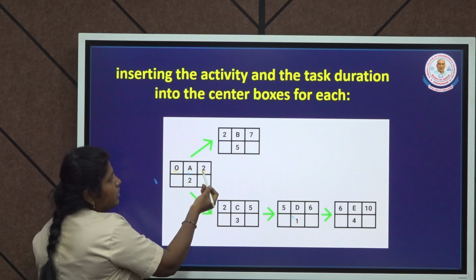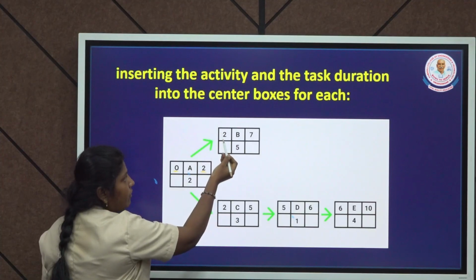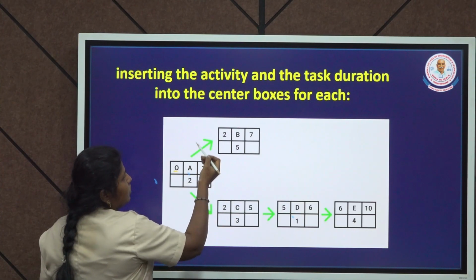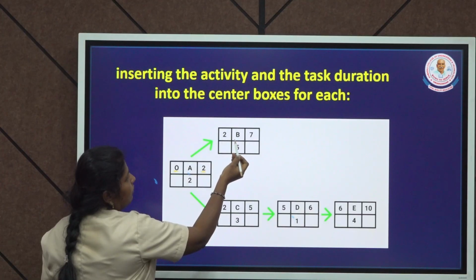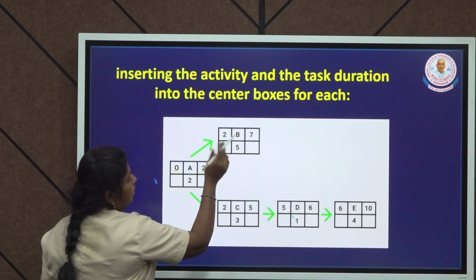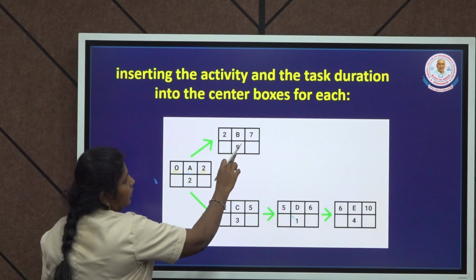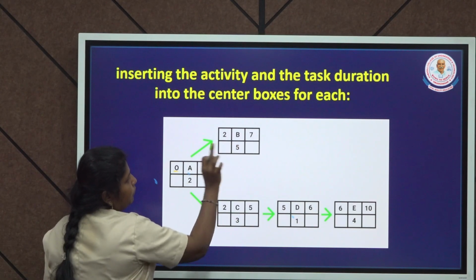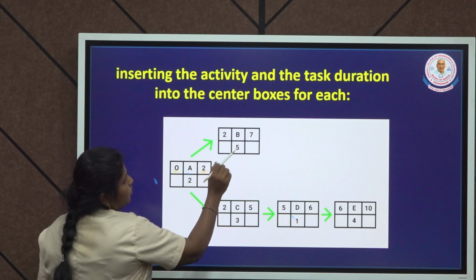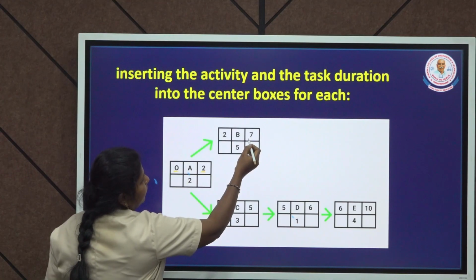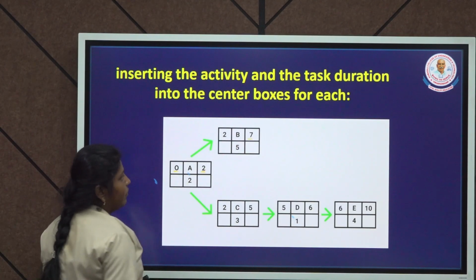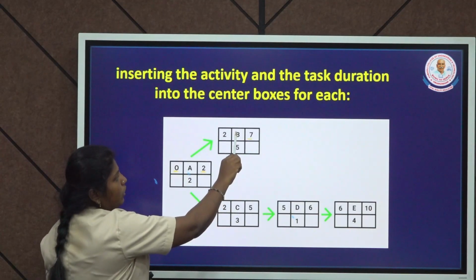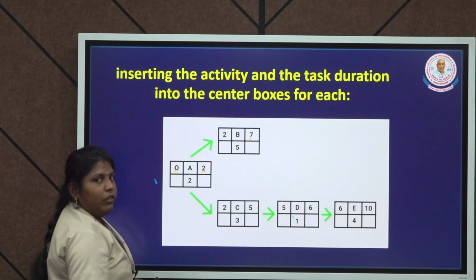So you use this 2 for the early start value of B. So here 2, the starting value of B, and the time duration given for B is 5. So 5 plus 2, here you get the early finish value of activity B is 7. So 7 days will be taken to complete the workflow of B activity.